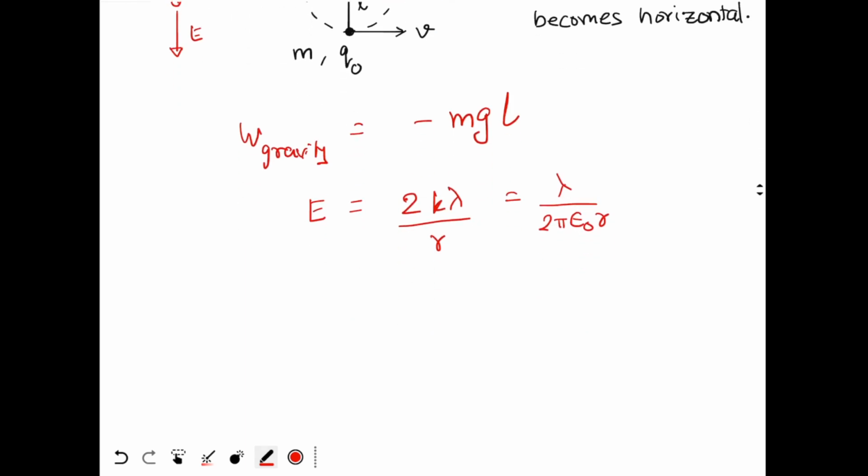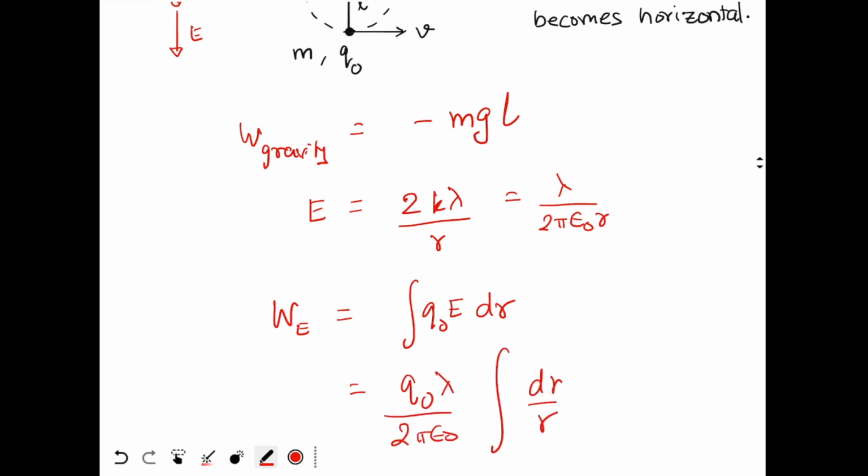So the work done by the electric field will be the integration of q naught E dr. Q naught E is the force acting on the charge, so force multiplied by displacement, q naught E dr. If we replace this, it will be q naught lambda by 2 pi epsilon naught times the integration of dr by r.